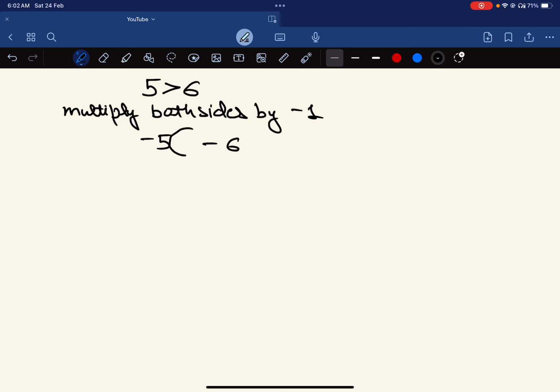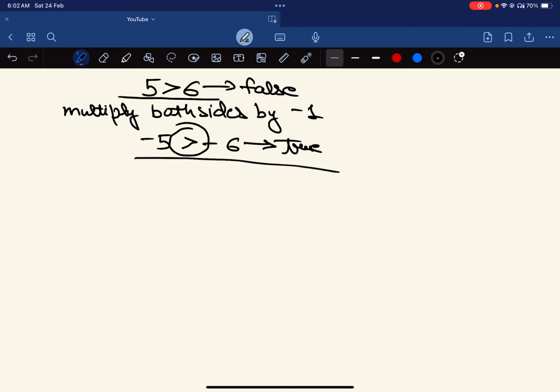What symbol do you expect here? -5 is greater than -6? Is it even possible? So I just confused you guys. This statement was false. So our resultant statement after multiplying both sides by -1 should also be false. But it is true. Now, if something like this happens, we should know that we have formed wrong equations.